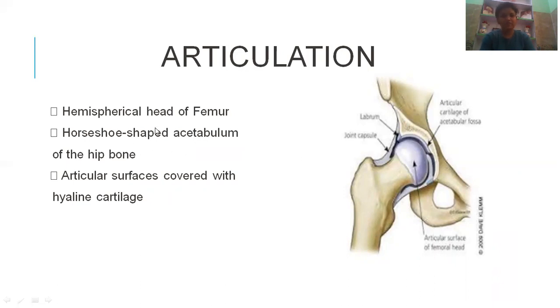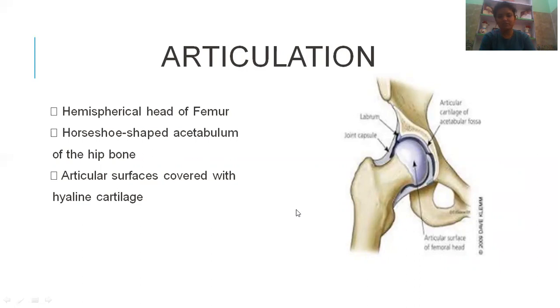So, the hemispherical head of the femur. How is articulation performed by the hemispherical head of the femur? This is the hemispherical head of the femur and the horseshoe-shaped acetabulum of the hip bone.